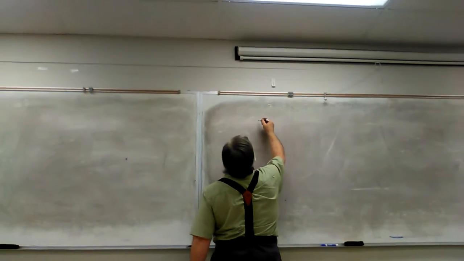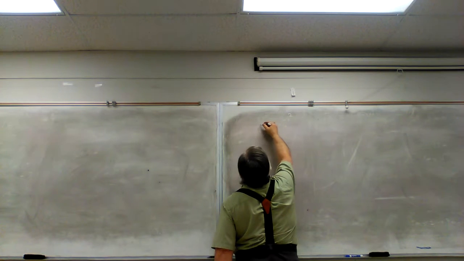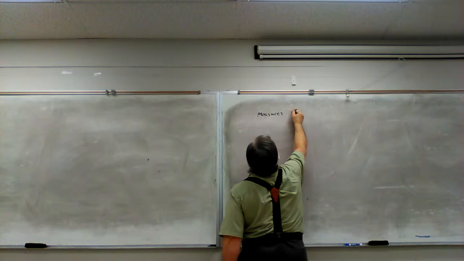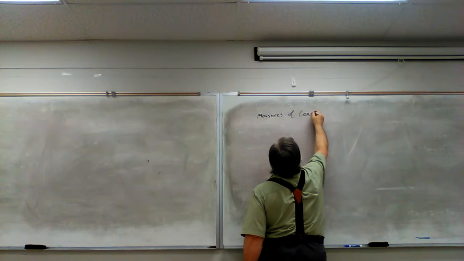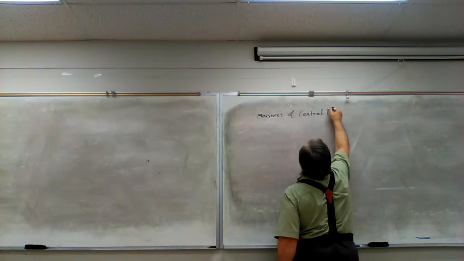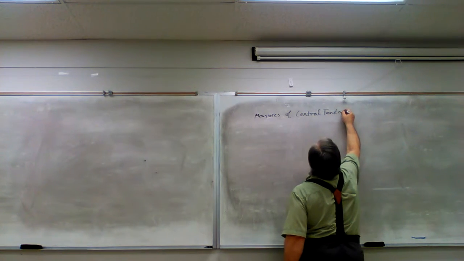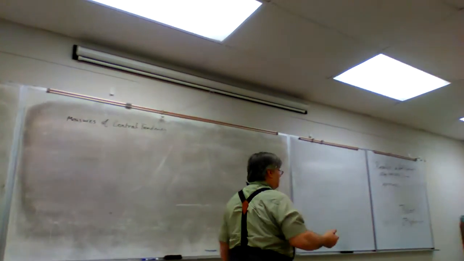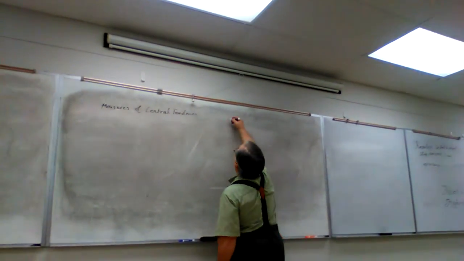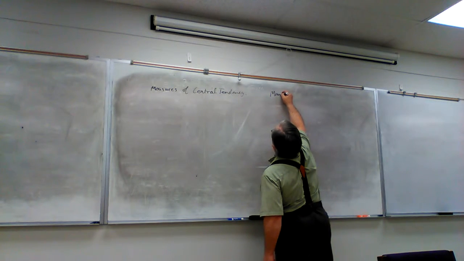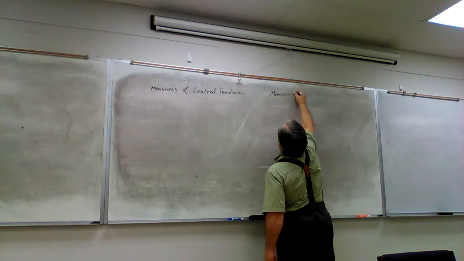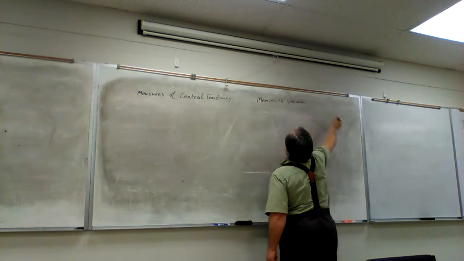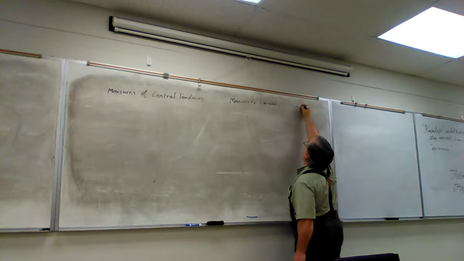And we've come up with measures of central tendency. What else? Measures of variation. And measures of position.